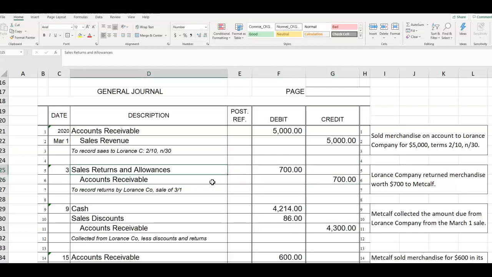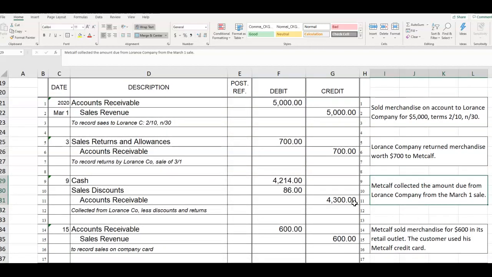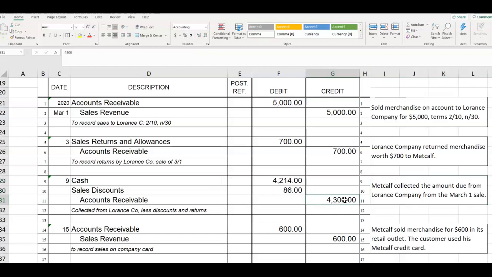Now they only owe us $4,300, and they pay within the terms of the discount. So we're going to credit accounts receivable for the amount they still owe, $4,300. We're going to debit sales discounts for 2% of that, or $86, and the difference will be a debit to cash.